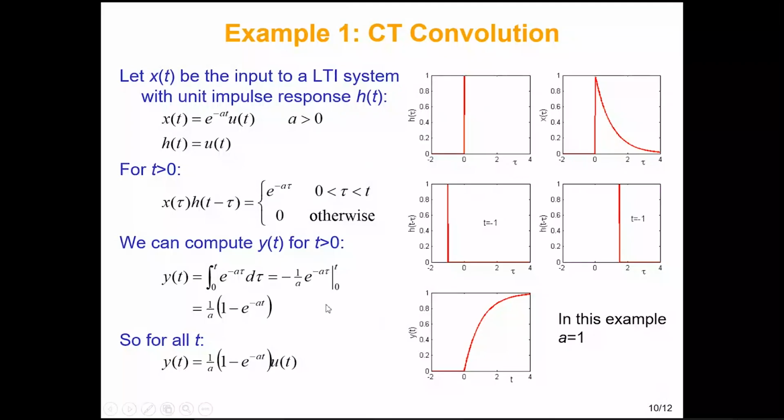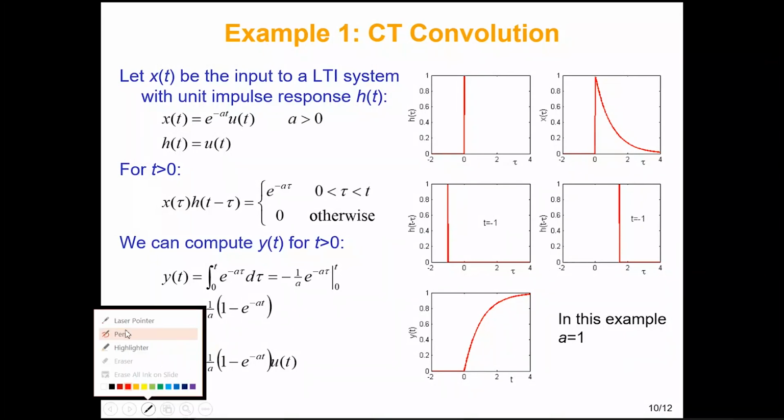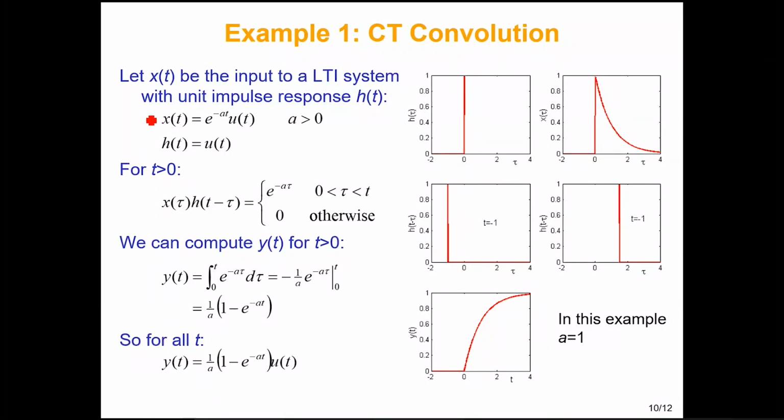This is the example that we had already covered. In this example, we are given x of t and h of t, and we covered how using these two we can find the output.